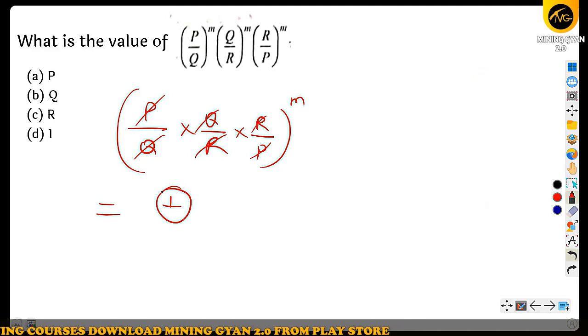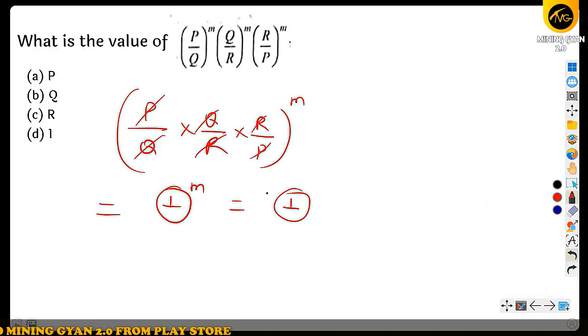So 1 power M is the answer. That means in this case 1 is the answer, right? Correct. Option D is the correct answer.